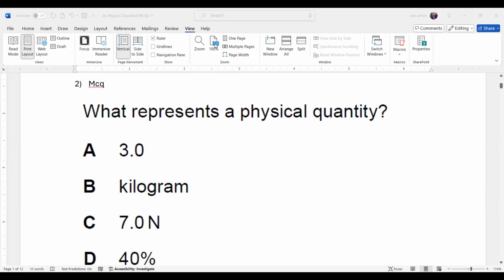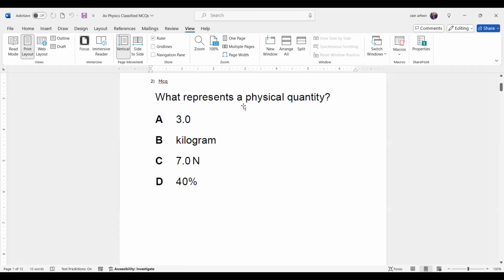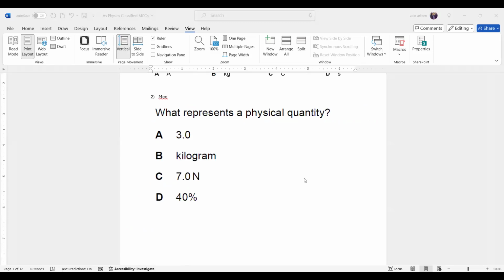Question 2. What represents a physical quantity?